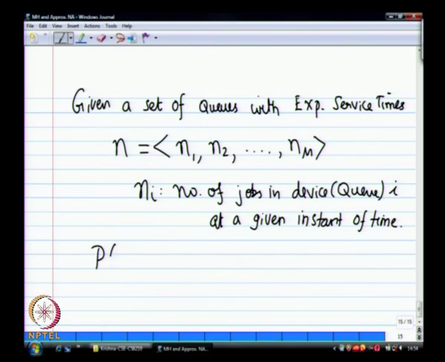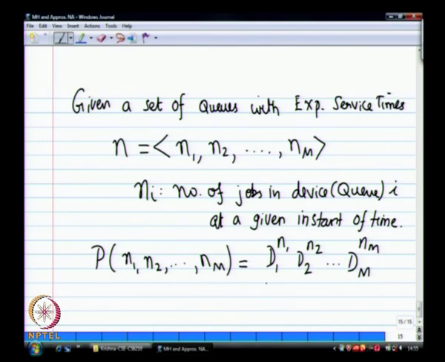So then what is the probability, for some given n and a given system? This turns out to be simply proportional to, equal to, the product of each demand raised to the corresponding value of n.